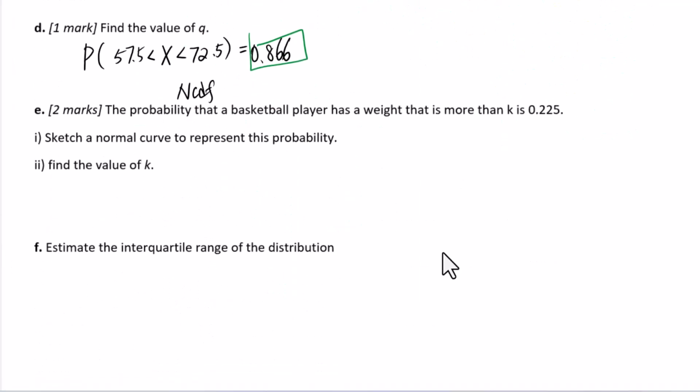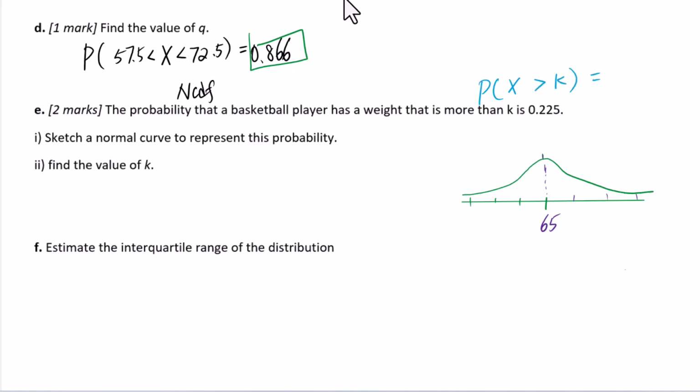Let's go to E. The probability that a basketball player has a weight that is more than K is 0.225. Sketch a normal curve to represent this probability. Mean 65. Let's sketch this bell-shaped curve. We are given probability of X greater than K equals 0.225.